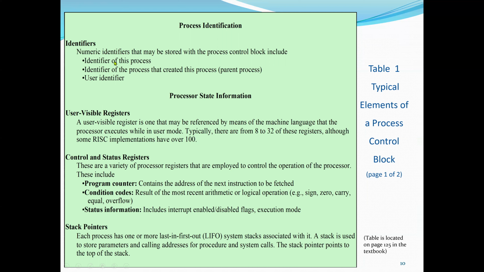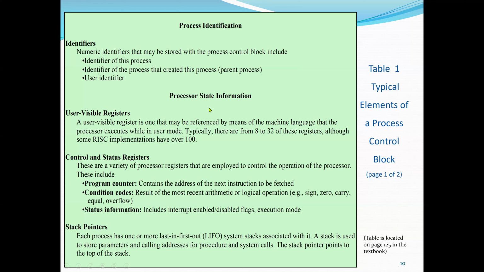So those are the possible pieces of information. The table here lists a typical category of information required by the operating system for each process. As we mentioned, we may have categories like process identification, process state information, and also process control attributes.